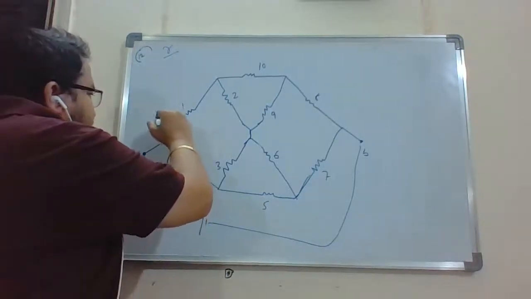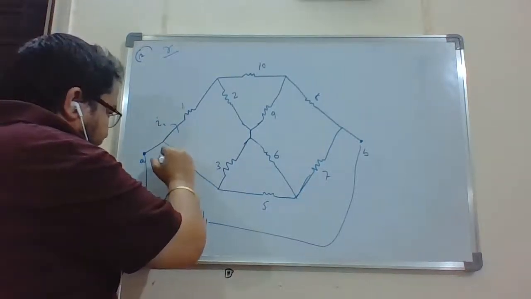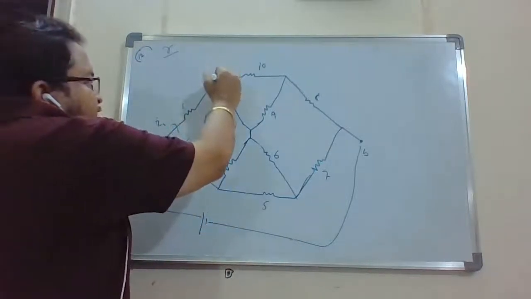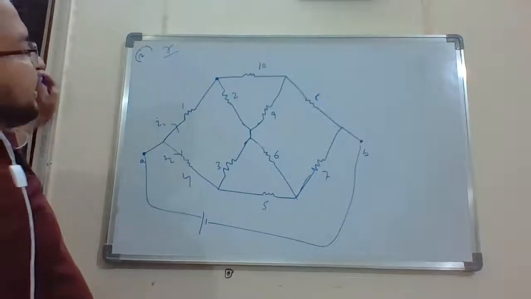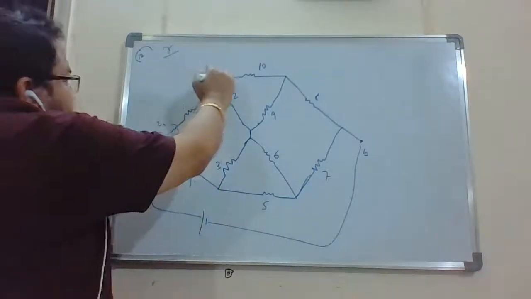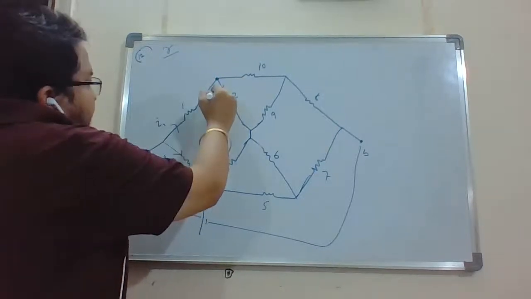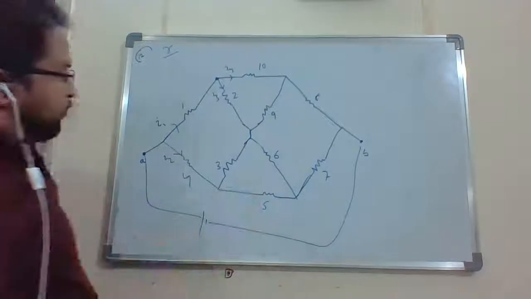Suppose a current I1 goes through this, a current I2 comes to this part. When it reaches this node, it would again get divided. So say this is I3, say this is I4.